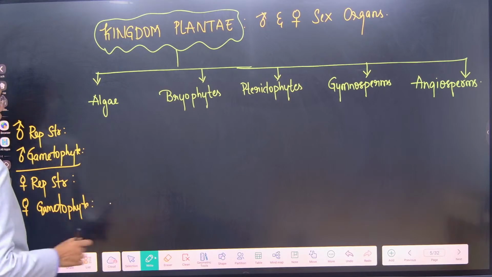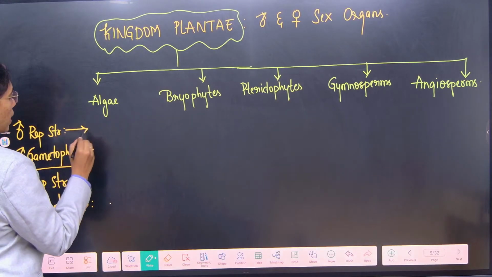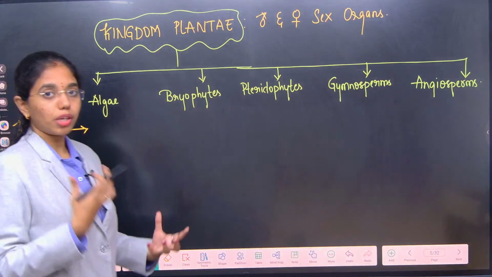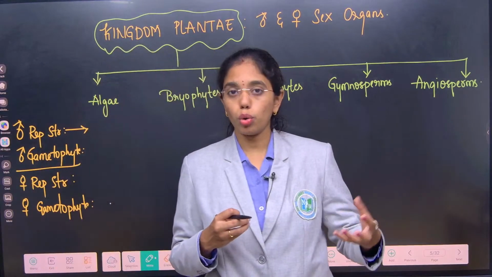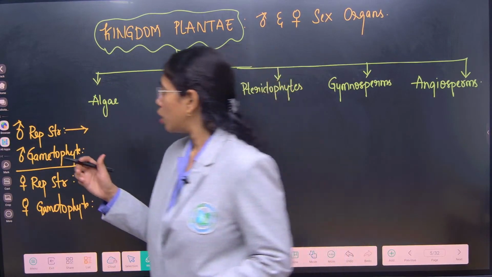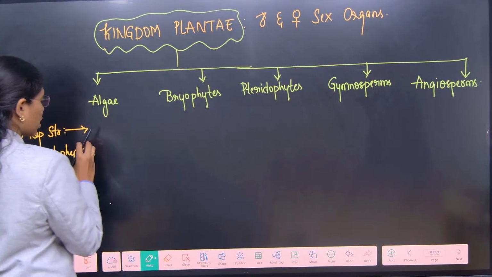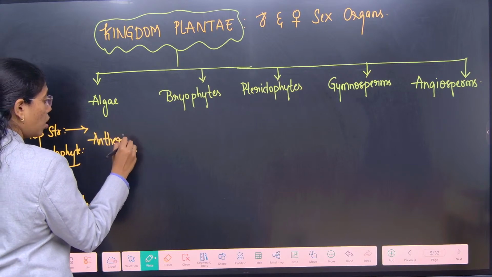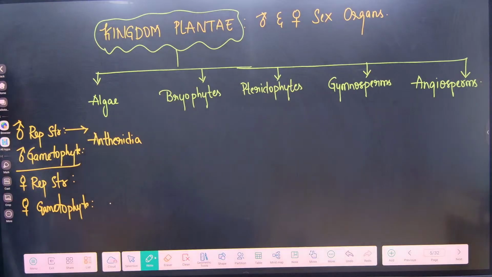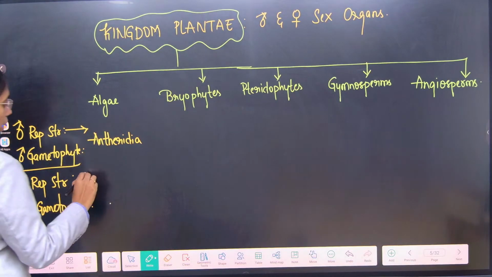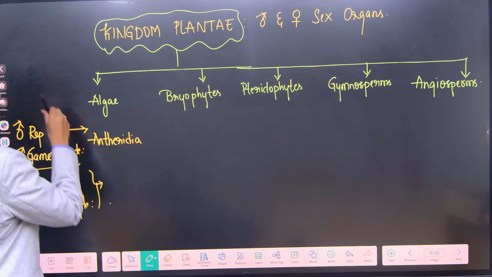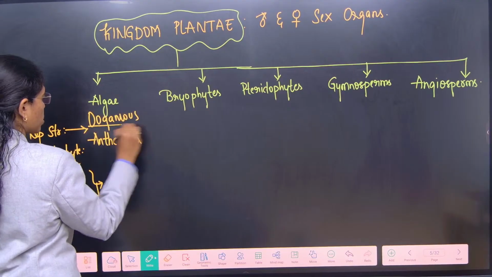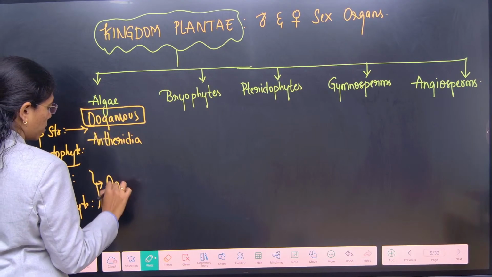Yes. So, here if you observe, first is the male reproductive structure in algae. If you observe green algae, they are mostly unicellular, colonial, or filamentous. So, you have the male reproductive structure as antheridia, if it is following oogamous type of sexual reproduction. And here the female reproductive structure, if it is oogamous type of sexual reproduction, then oogonium is present.